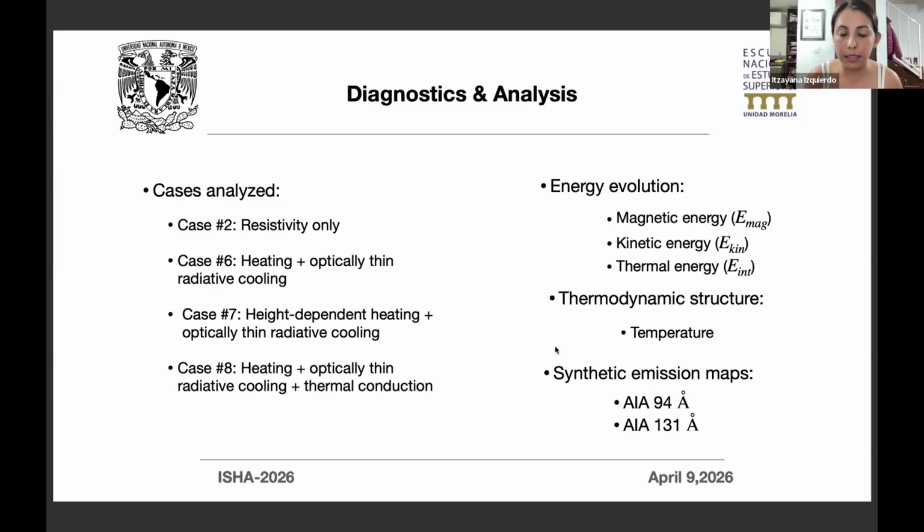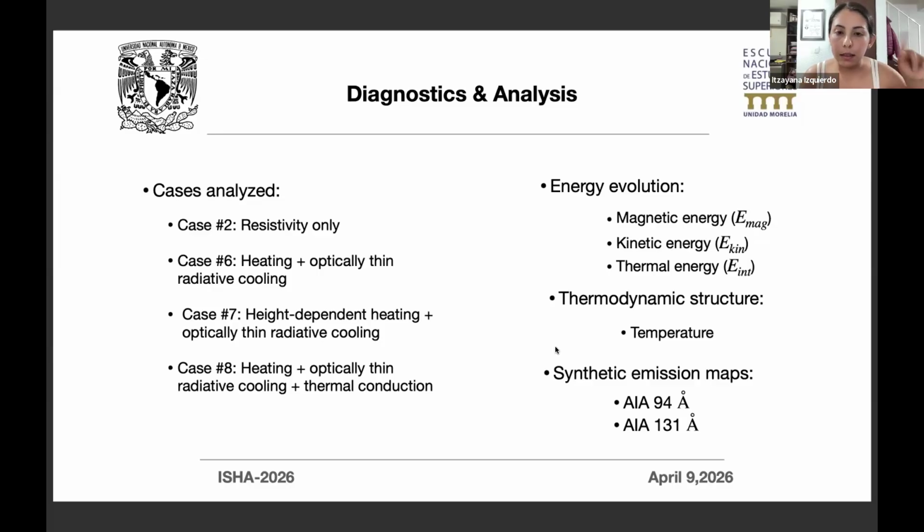Case number 6 is with resistivity, constant coronal heating, and optically thin radiative cooling. Case 7 is the same as case 6, but this time we use a height-dependent coronal heating. And finally, case 8 is the same as case 6, but this time we introduce thermal conduction.